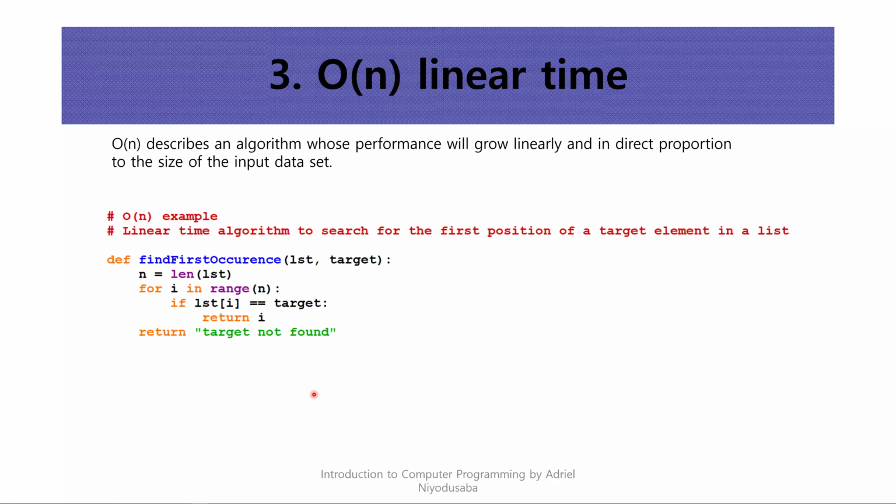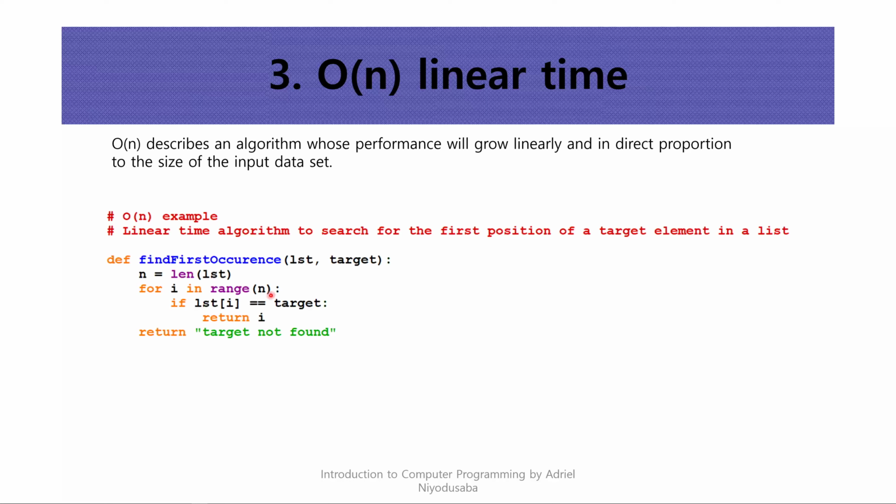And then the third time complexity is called O of n, or linear time. So this is basically going through all the inputs. It means if n increases, then O of n increases as well. A good example would be the previous example. Imagine now we just decided to go through all the numbers, and if we meet a number which is equal to the target, we return i.